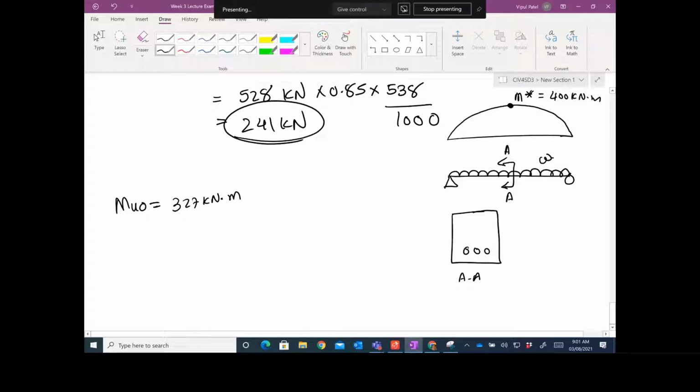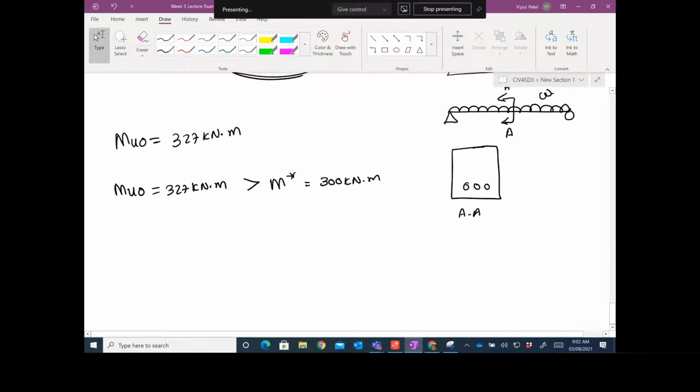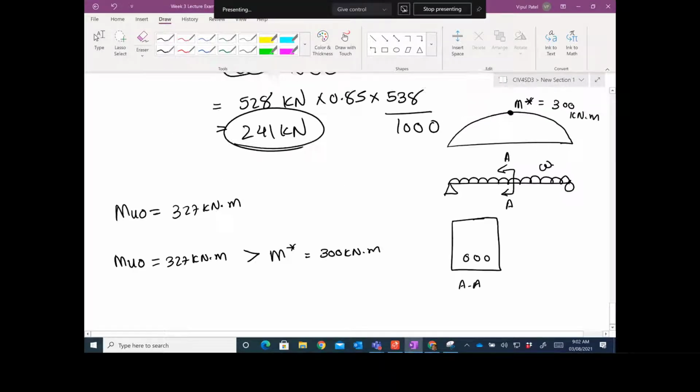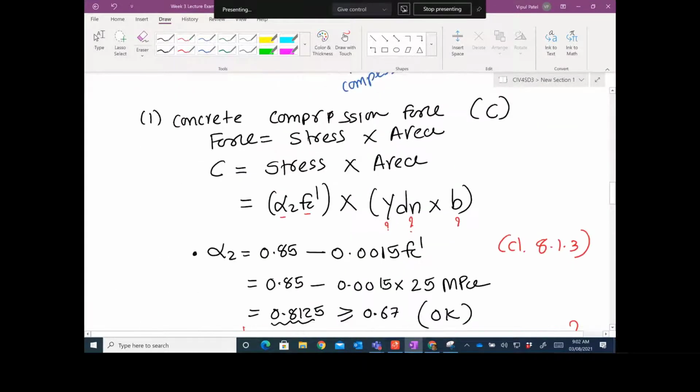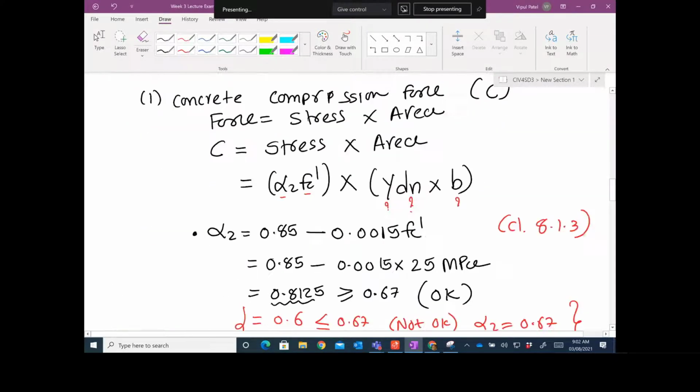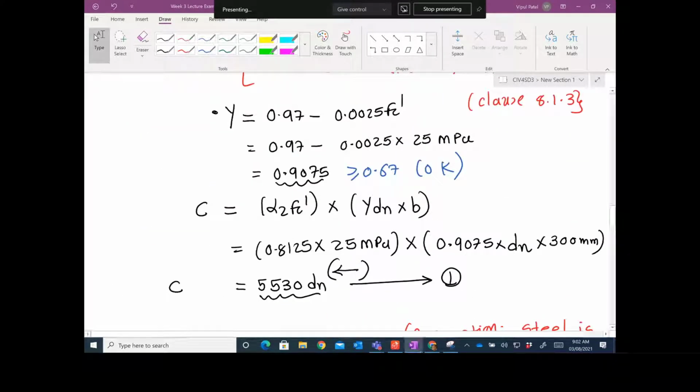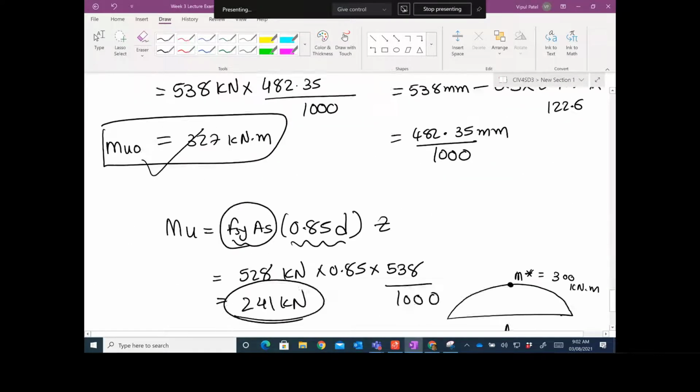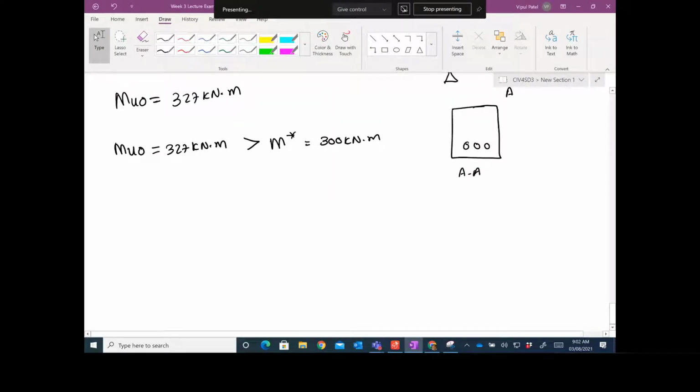Now if this MUO, which you calculated as 327 kilonewton meters, let's make it 300 kilonewton meters, is greater than M star, which is 300 kilonewton meters and comes from your bending moment diagram, in that case we will say that the section size, which was 300 by 600, is adequate.